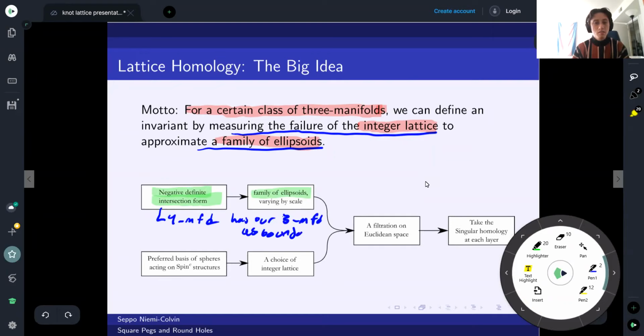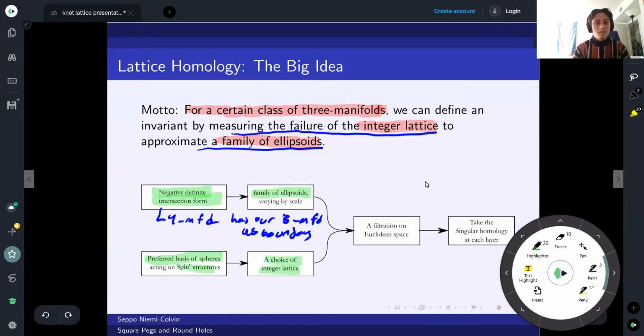That's the easiest way to have a four-manifold and three-manifold be related. And inside this four-manifold, we'll have a preferred basis of spheres for the second homology. And these will give us our choice of integer lattice by acting on these things called spin-C structures.